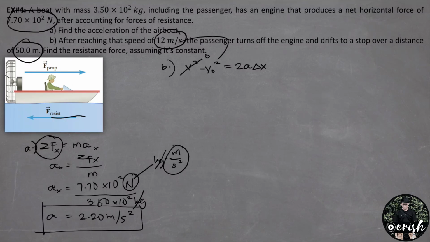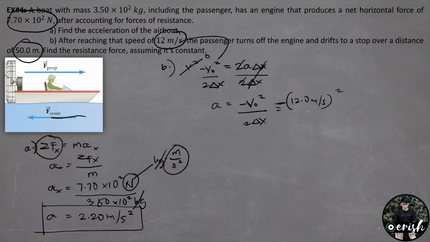So, we solve for the acceleration. We divide both sides by 2 delta x. Cancel. A now is equal to negative V sub O square over 2 delta x. Ang V sub O natin is 12 meters per second. Negative, nasa labas yung negative. This is square.